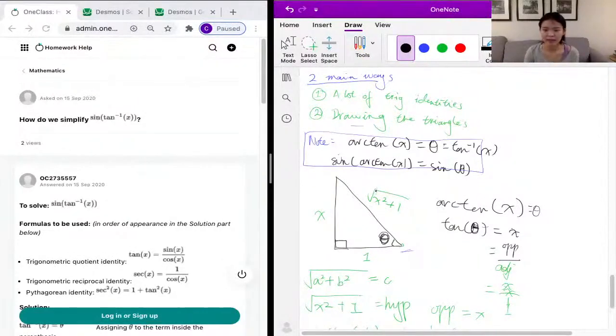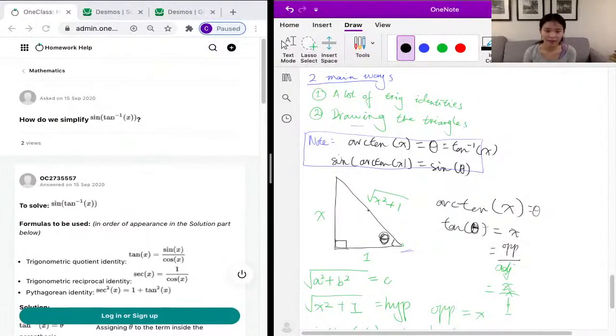Then we want to find the hypotenuse, because sine is opposite over hypotenuse. We use the Pythagorean theorem, a squared plus b squared equals c squared, a simple calculation.